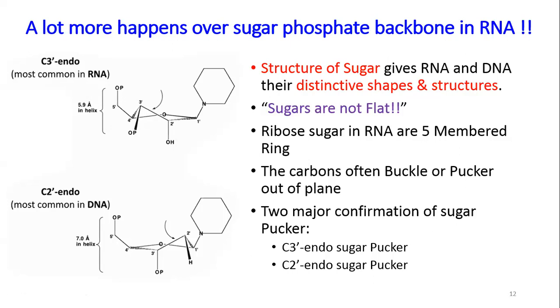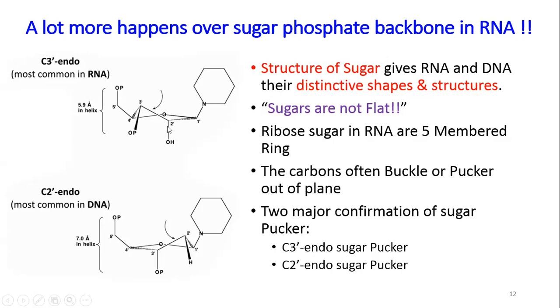Okay, now there is one interesting fact. It is the 3 prime carbon atom that is puckered out of the plane in case of the RNA molecule, and it is the 3 prime carbon atom that is associated with the phosphate group.